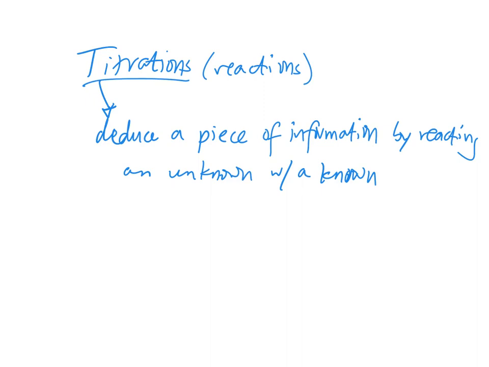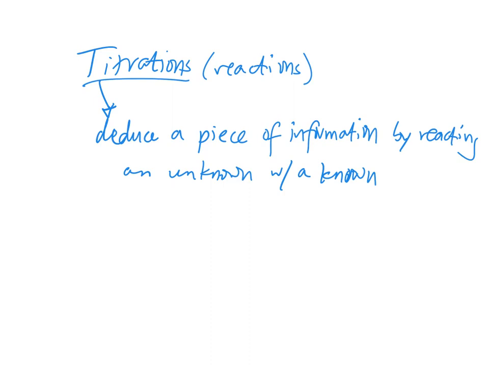But that is generally what you use a titration for: you don't know the molarity, you don't know the strength of an acid or a base, so you react it with a known one in order to learn about it. And that's a much more useful process than just saying, well, what's the pH if I mix these two things together? Theoretically, you should be able to find the pH of the things mixed together pretty easily.